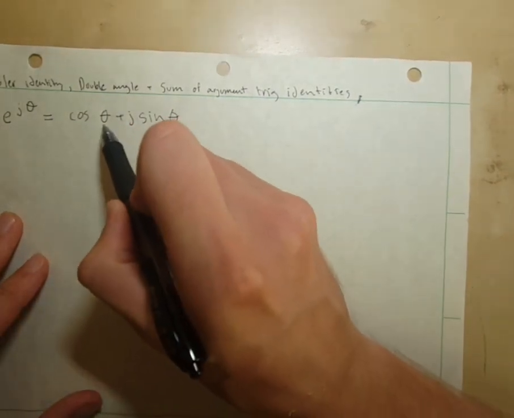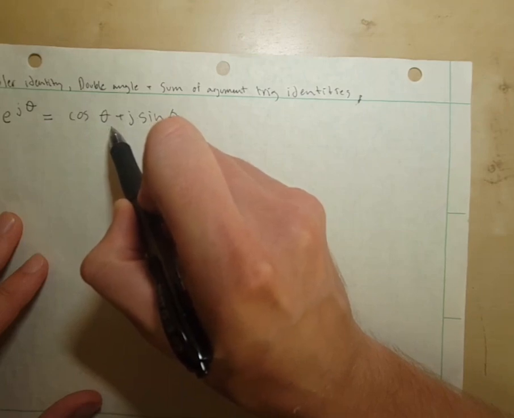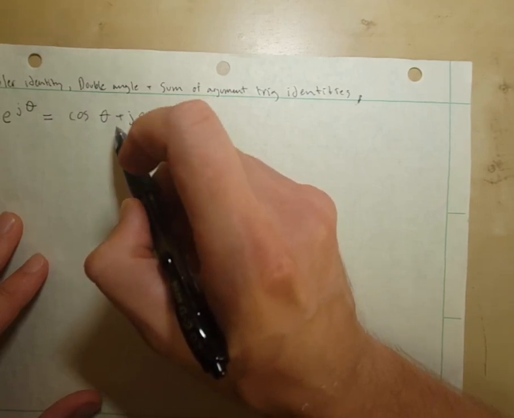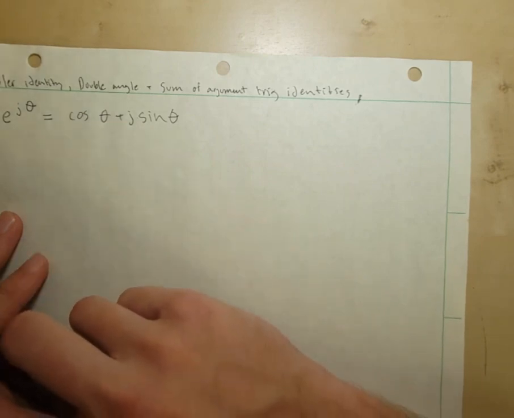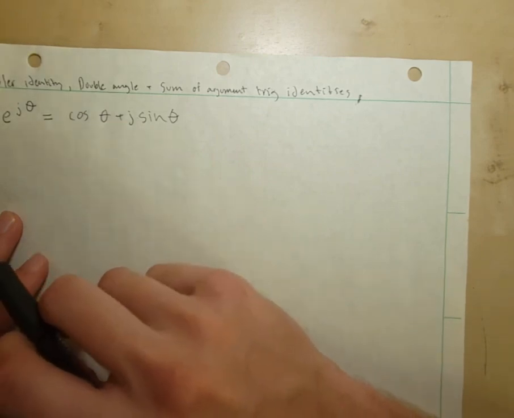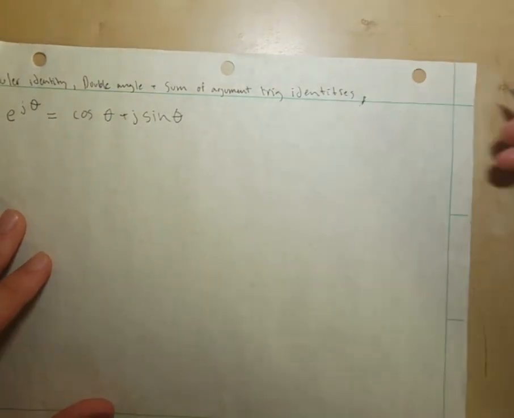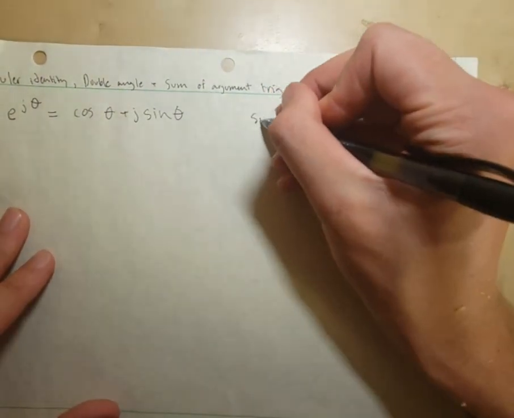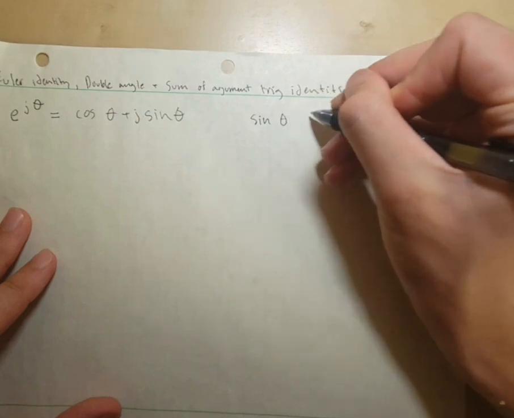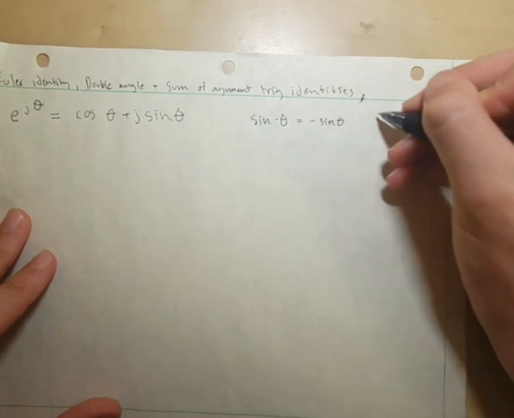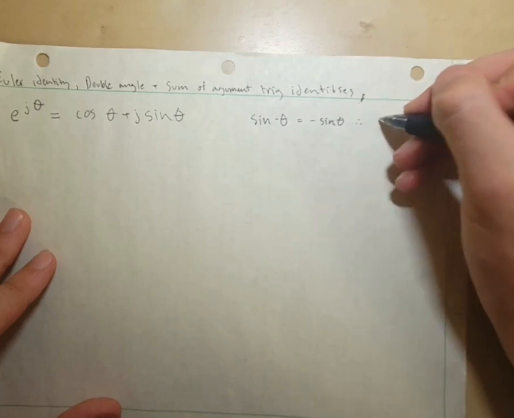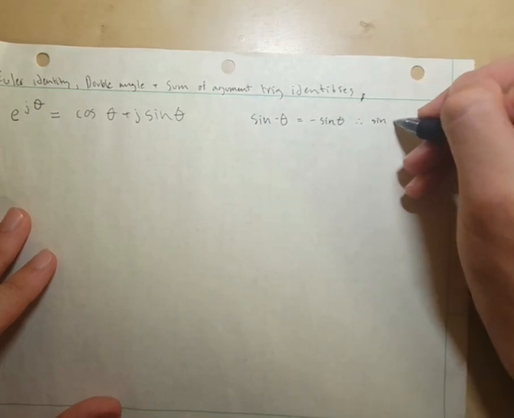Some certain things that you can really quickly notice about this identity: if you know about sine theta and cosine theta, sine of negative theta equals minus sine theta, which means sine is odd.